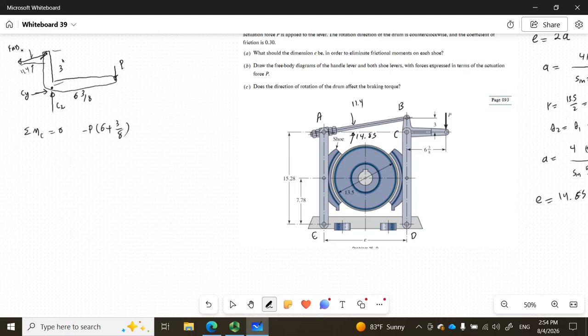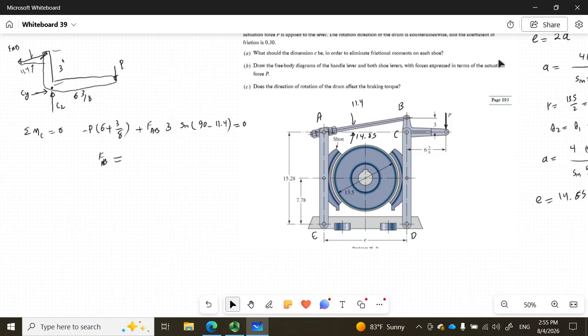Then I have this FAB, which is doing counterclockwise, so plus FAB times the arm, which is 3. I need the angle between the force and this vertical line, so I multiply by sine of 90 minus 11.4, equals 0.